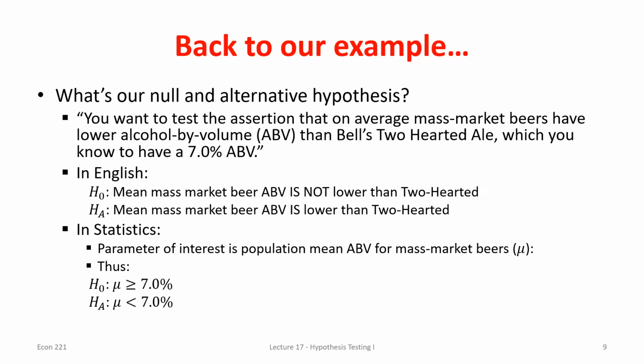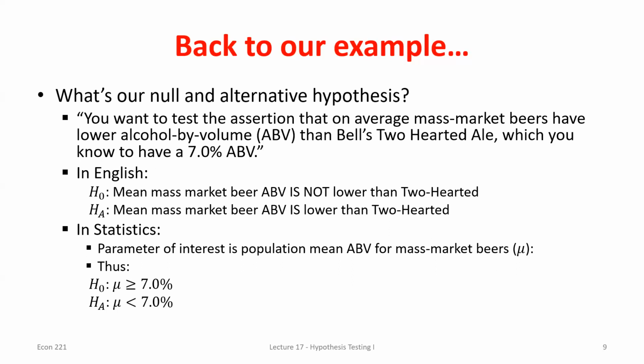I'm not looking for one value there. If I'm assuming that it's somewhere in this range, 7% or higher, the only sample mean values inconsistent with that are ones that are less than 7%, or sample means that would support the alternative hypothesis. Questions?